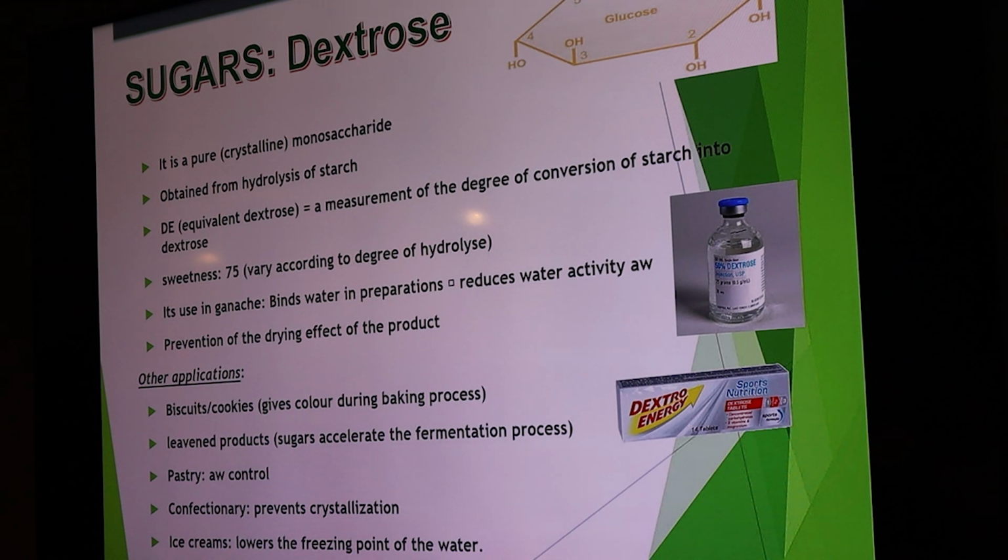We basically use dextrose powder for ganaches where we have a lot of water in, for example, fruit puree. So ganache with a lot of fruit and fruit puree, we add dextrose instead of glucose. But you will see later on.